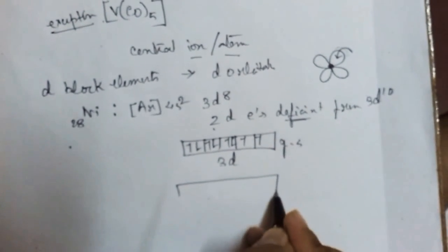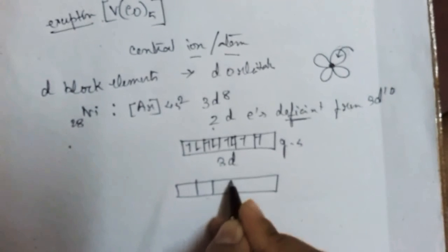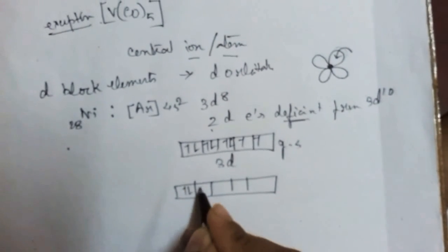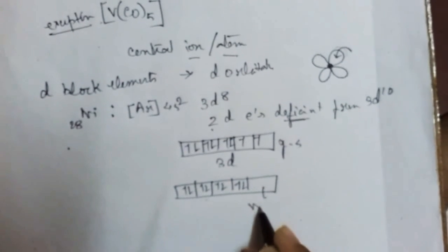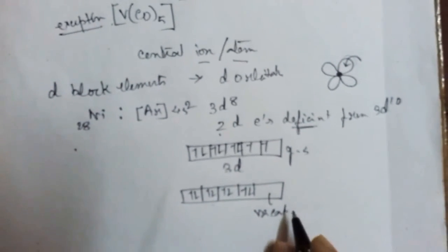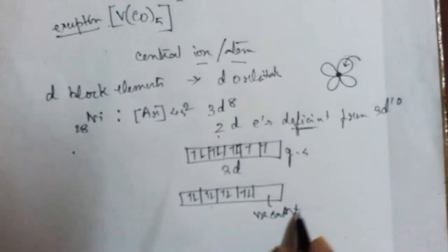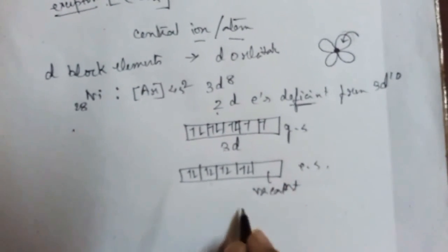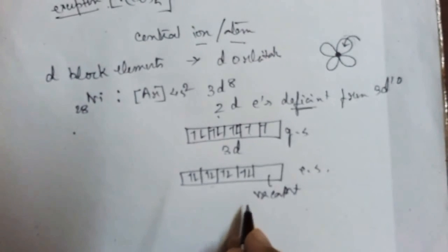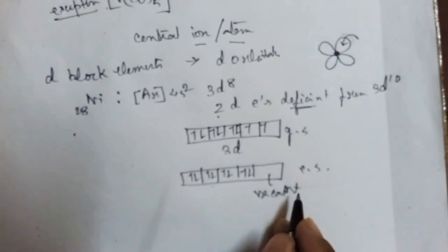For the excited state, just to frame the electrons like this. So this is vacant, and in this vacant orbital, in the excited state, actually these are accepting electrons from the donor atoms.